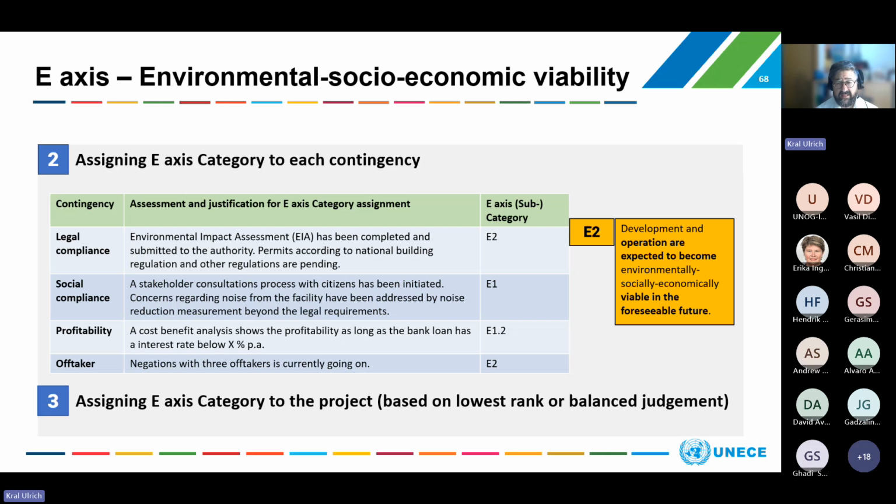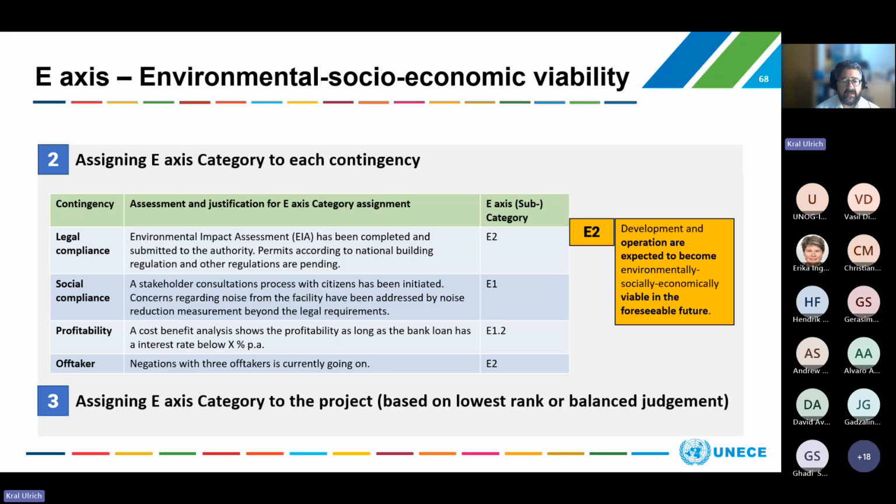It's not E1. E1 means that all the permits are in place. Let's say there are no further barriers. You can still move on. You're very close to production. E2 is one step down. It means that you are still waiting for your permits. So it's E2.